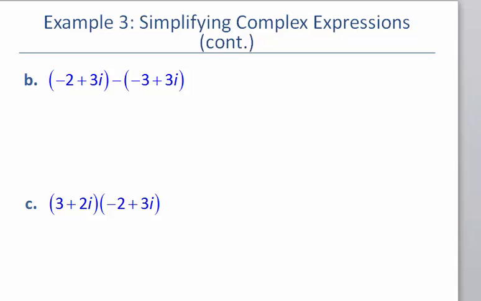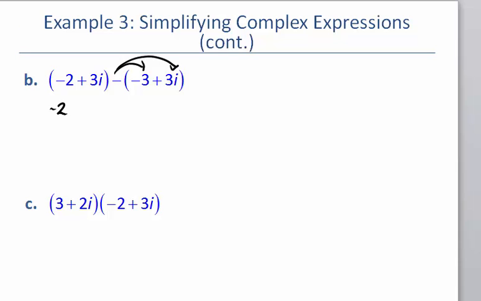All right, so part b does the same thing, except it's a subtraction. So negative 2 plus 3i minus negative 3 plus 3i. And again, we would do the same thing as if we were dealing with an x in a linear expression. We would need to be careful with that subtraction sign, and we would want to distribute this subtraction sign through the parentheses.